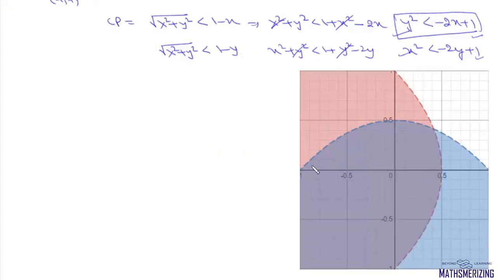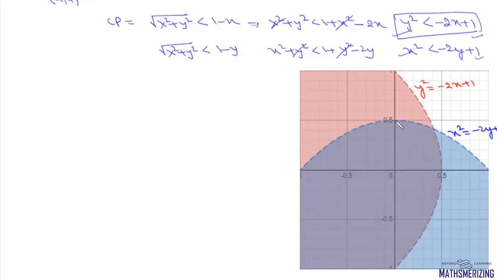So basically, if we draw these two parabolas, then this parabola in the blue is x square equals minus 2y plus 1, and this parabola in the red is y square equals minus 2x plus 1.